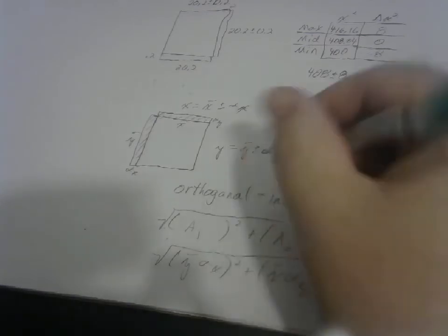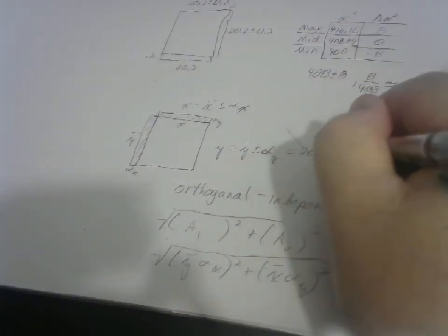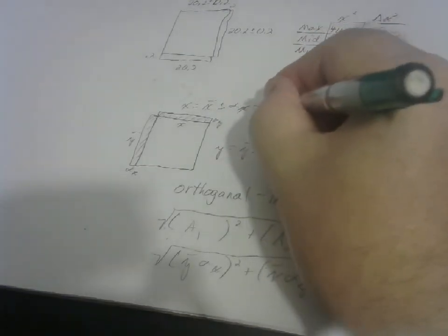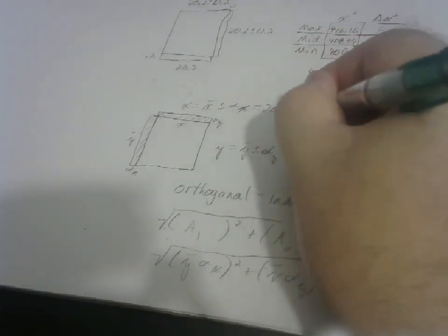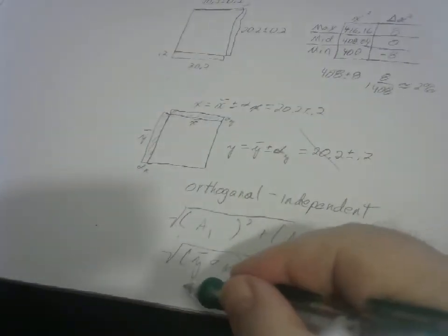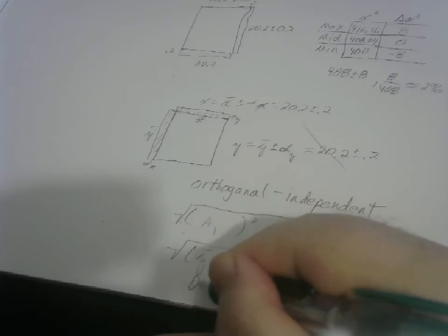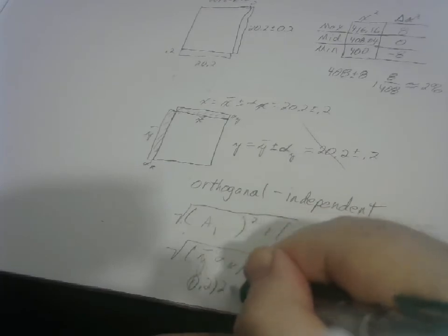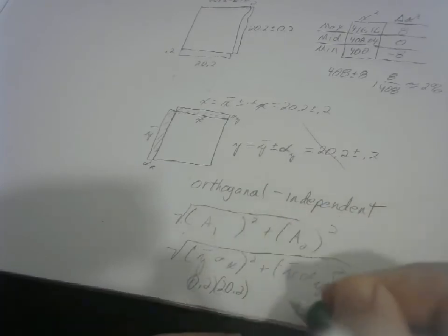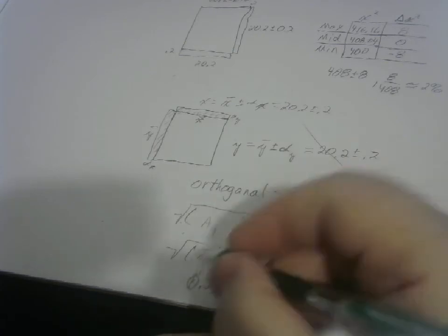Now we would get a different answer if this was 20.2 plus or minus 0.2 and this was 20.2 plus or minus 0.2. We would have got 0.2 times 20.2, and this would have been the same thing.